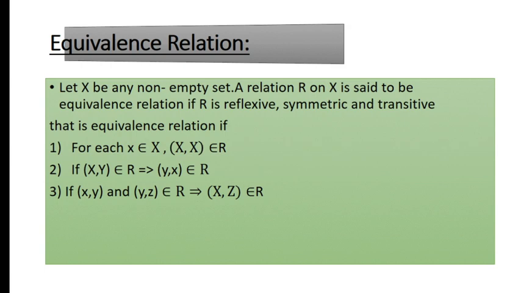Second, symmetric: if the ordered pair (x, y) belongs to R, meaning x is related to y, then y is also related to x. Third is transitive: x is related to y and y is related to z, so x is also related to z. So the given relation is reflexive, symmetric and transitive. This relation is called an equivalence relation defined on the set X.